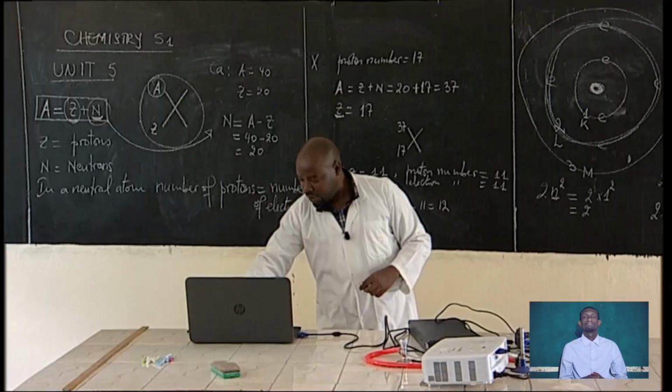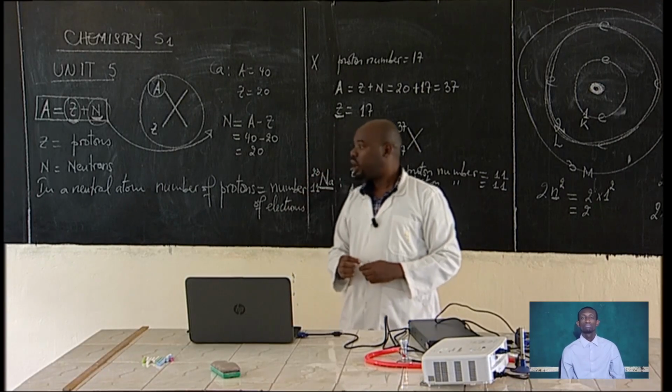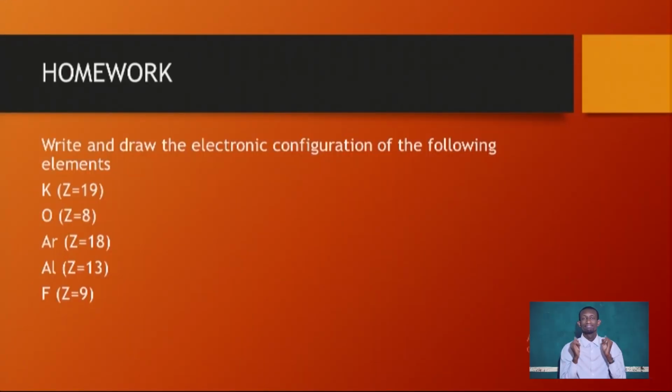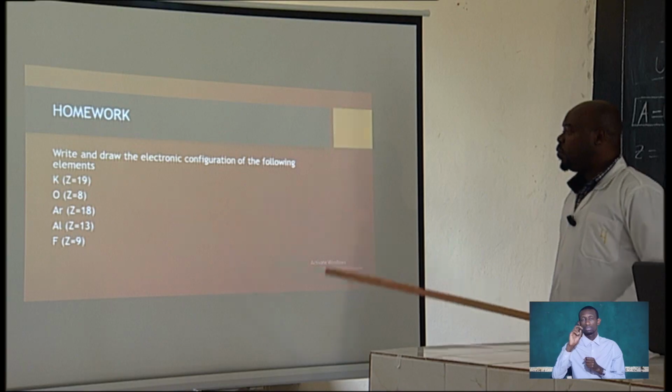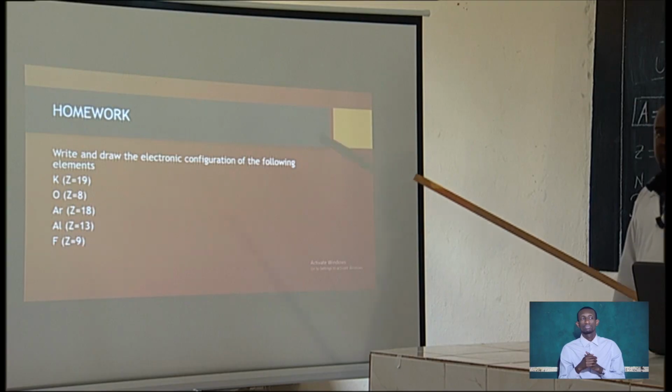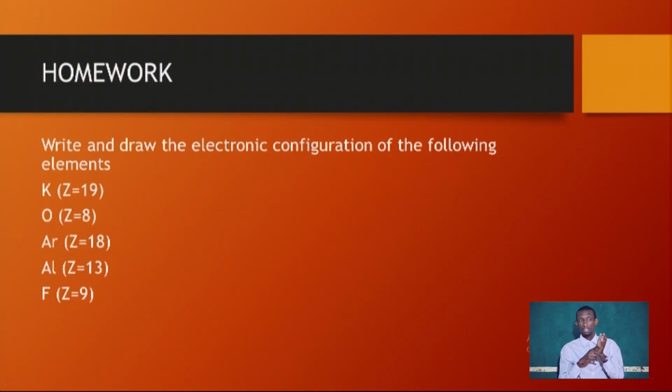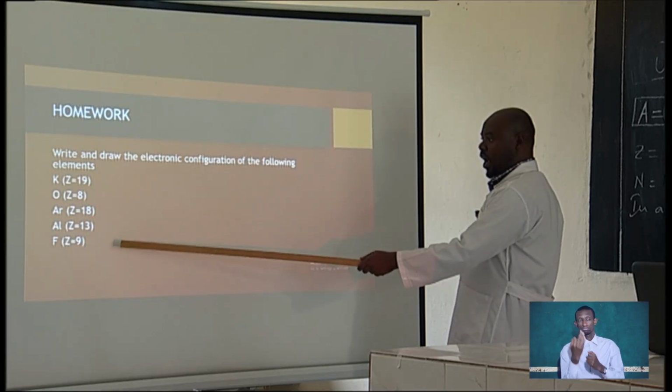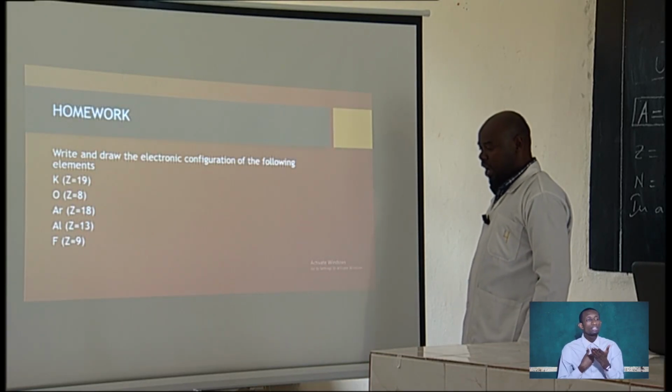Now let us have a look at the homework. You will try. Write and draw the electronic configuration of the following elements. Potassium, which has 19 electrons, oxygen, which has 8 electrons, argon with 18 electrons, aluminium with 13 electrons, and fluorine with 9 electrons.